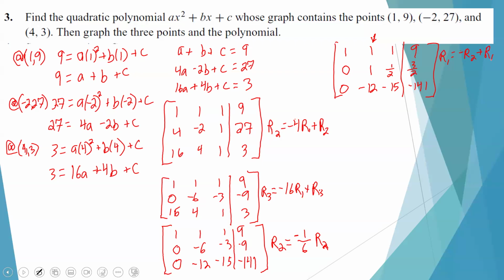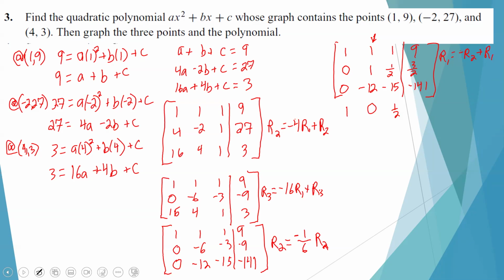So now my new row 1 becomes 1, 0. That's going to be negative, so that's going to be a positive half. 9. Ooh, 9. Negative 3 halves.